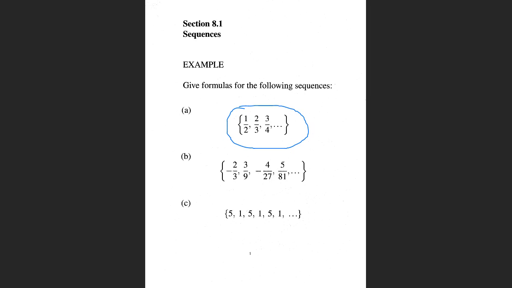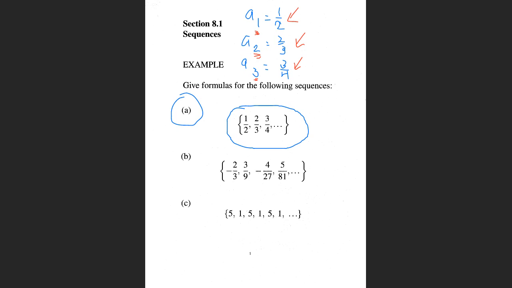If we look at the first sequence here, first term is a half. Second term is 2/3. Third term is 3/4. And oftentimes it helps to look at the term of the sequence and then what's going on to the right. Oftentimes you can relate the term of the sequence to the term on the right.